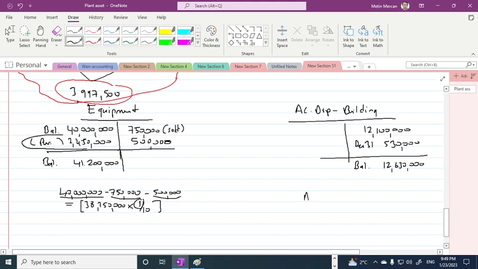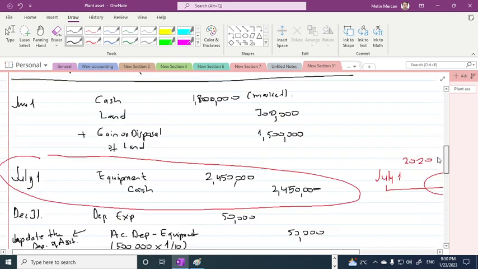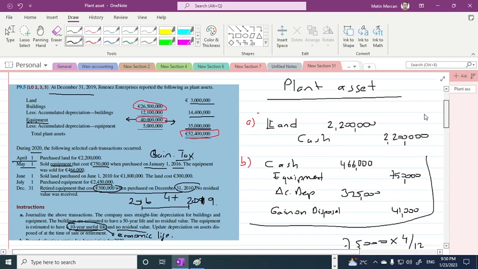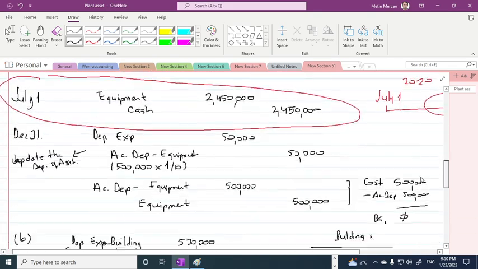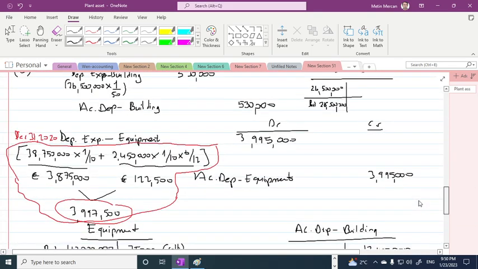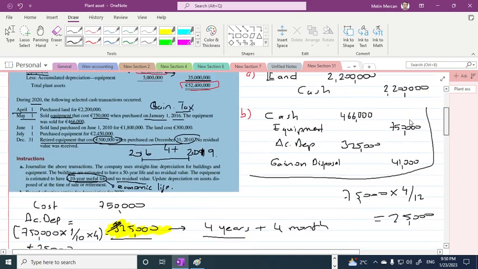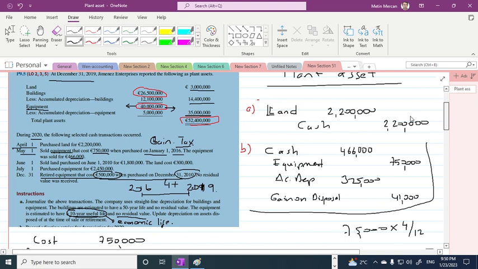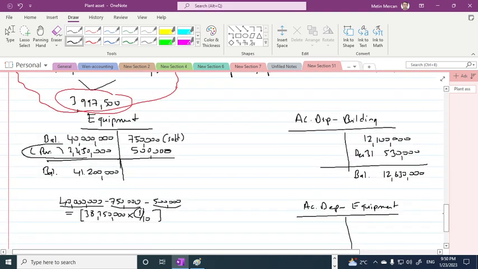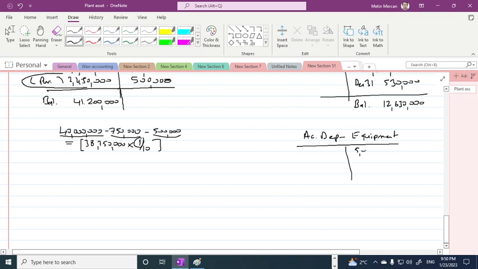And the accumulated depreciation for equipment: so we have a balance of how much? If you look at that one, equipment is 5 million. Okay, we have 5 million.